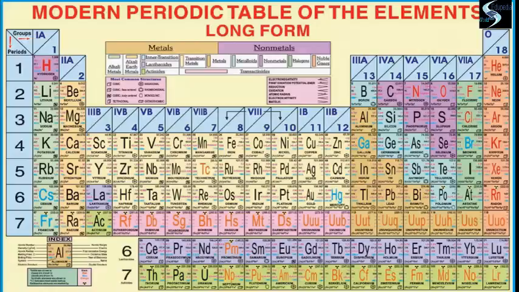So friends, now let's come to the variation of the density in the modern periodic table with respect to groups and periods.